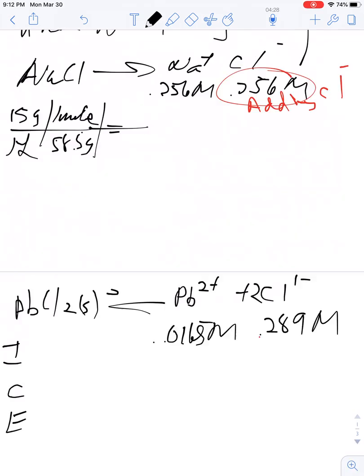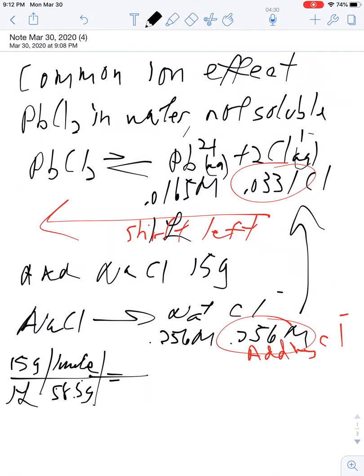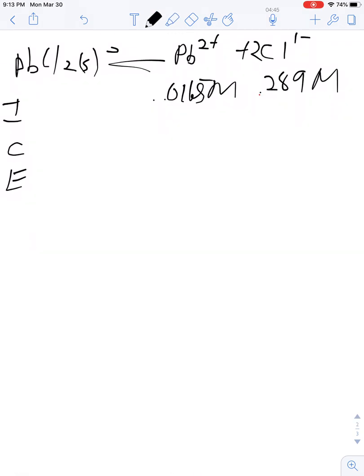And all I did again was add this number to this number. I can do that because they're in the same solution and the volume did not change. If the volume changed, I'd have to recalculate the molarities.